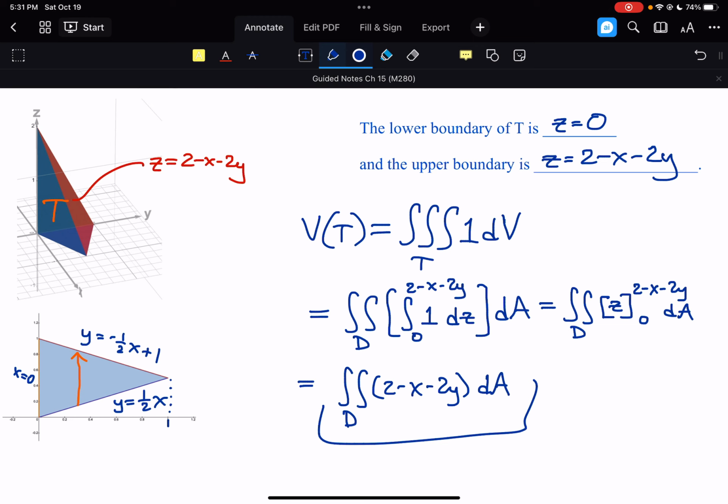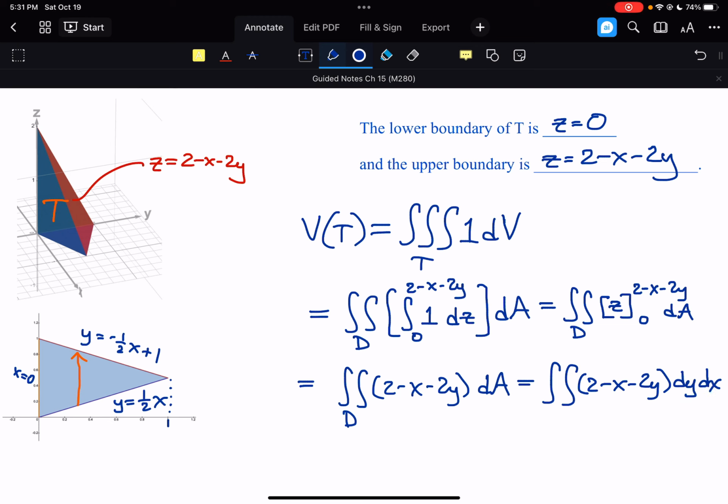And this is where the problem started back in section 2 or section 3, whatever section we did this in. But this is where the problem had started before, getting the volume using the double integral of this function. Okay, that's the surface we're integrating under. And then I won't go through all the steps of this process again because we have already done this exact problem. But we set up this region. We did it vertically between these two lines that we found their equations.